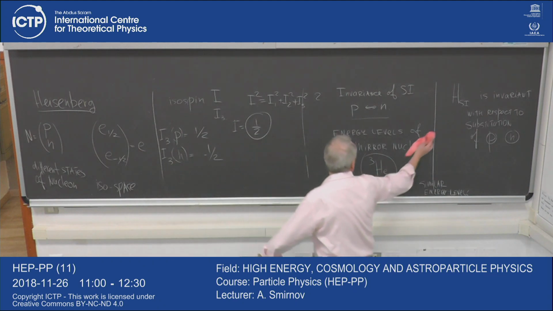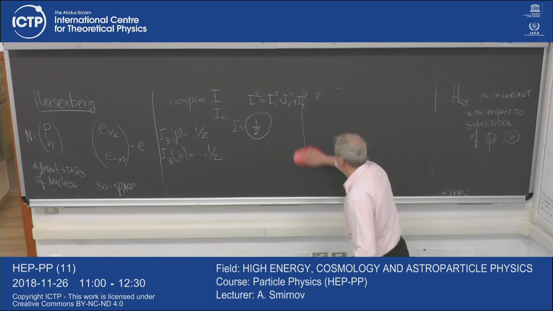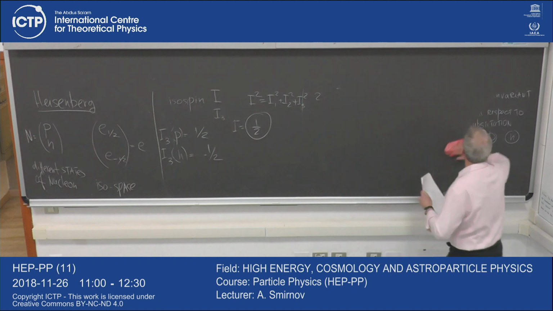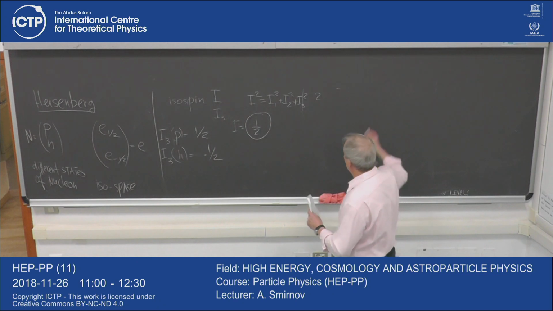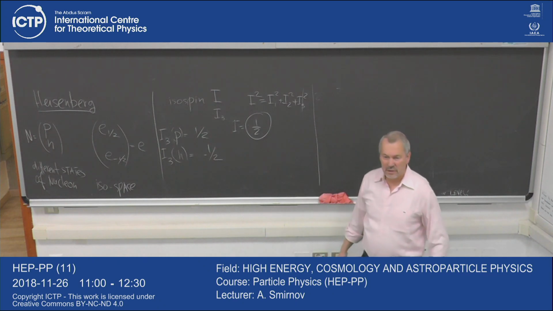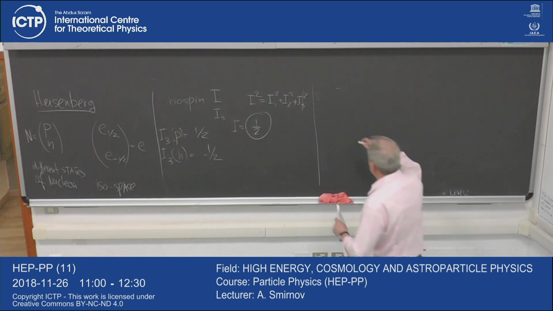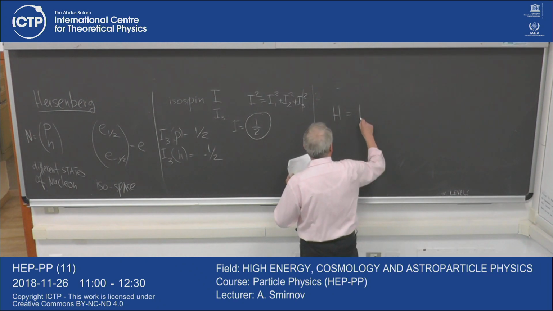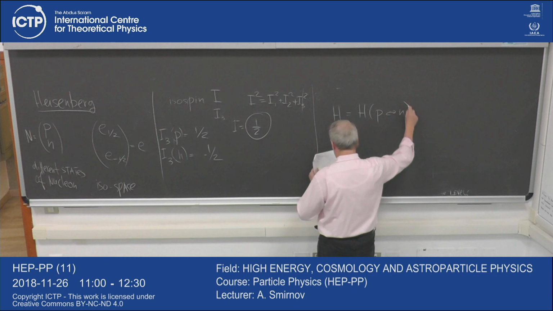Now let me elaborate a little bit on this invariance of the Hamiltonian. What I just said is that strong interactions are invariant with respect to permutation of proton and neutron, so that the Hamiltonian is the same when you interchange proton and neutron.